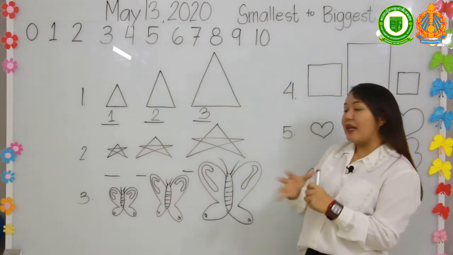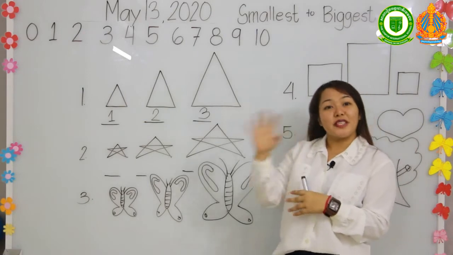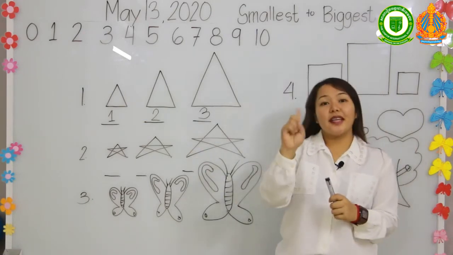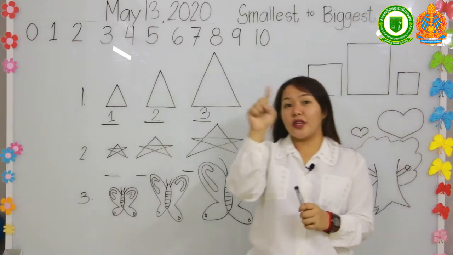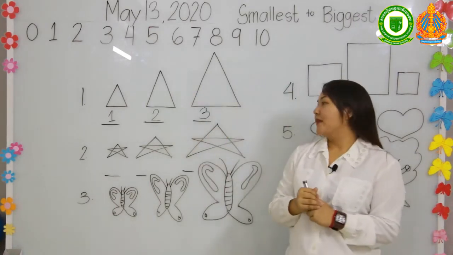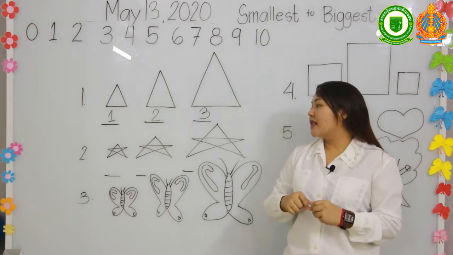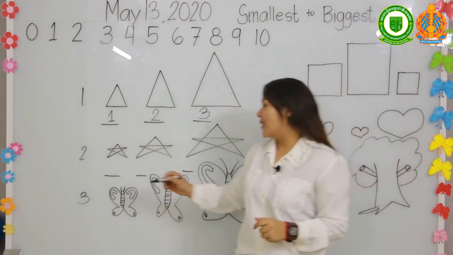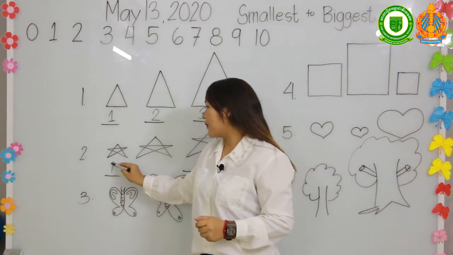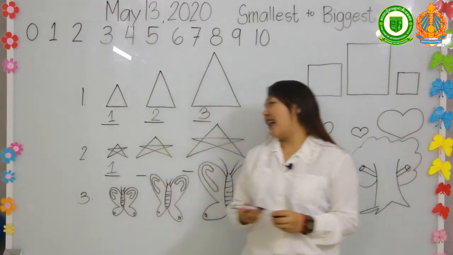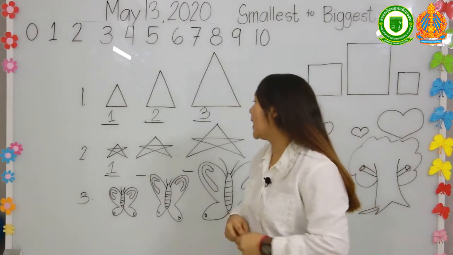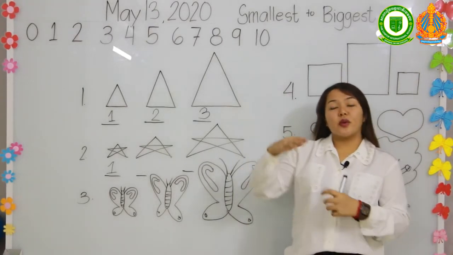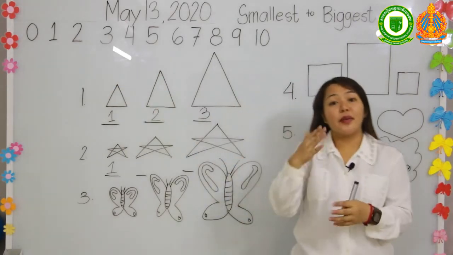Now let's start from the smallest. Which one is the smallest? You can use your fingers again to point to your answers. Number 1, the smallest, is this one. Which one is next to the smallest before we reach the biggest, in the middle?